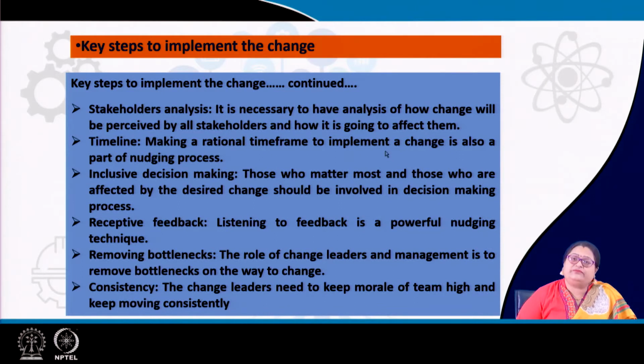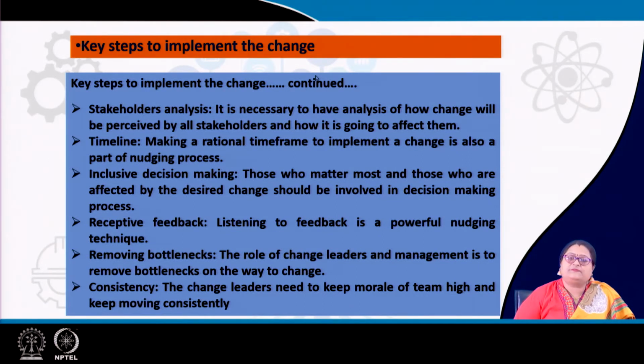If those queries are listened to properly and answers are given to their questions, and because you're involving people in the decision making process, they can suggest different ways of doing things than what you have thought of. So listening to this feedback itself is a powerful nudging technique which will give the people the feeling that yes, they are valued and their suggestions are implemented and they are involved in the change introduction process.